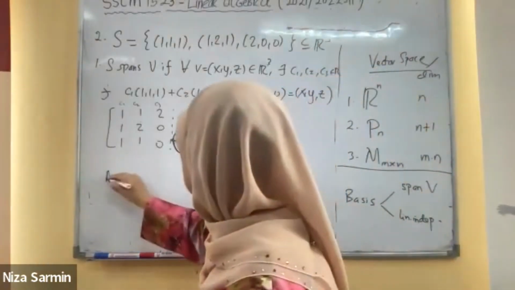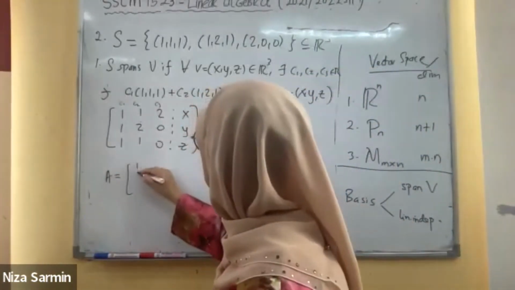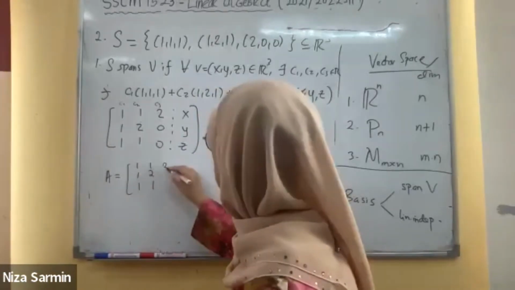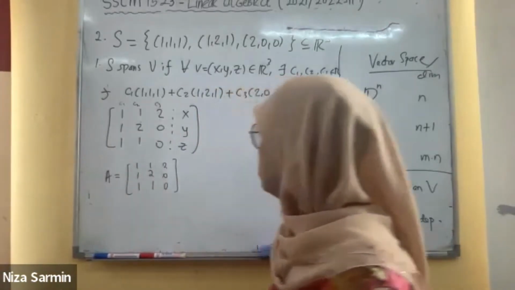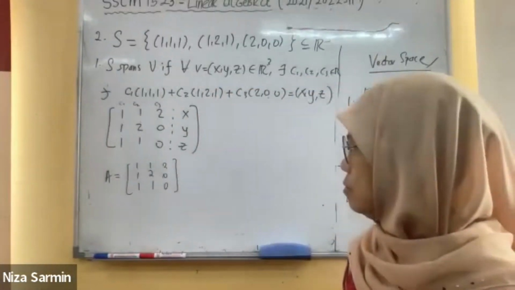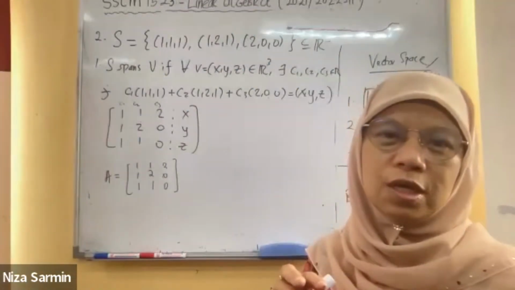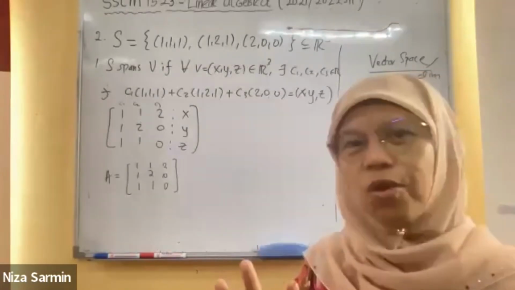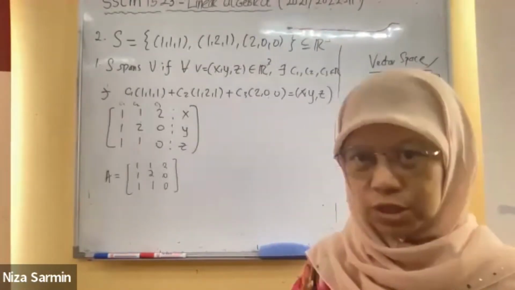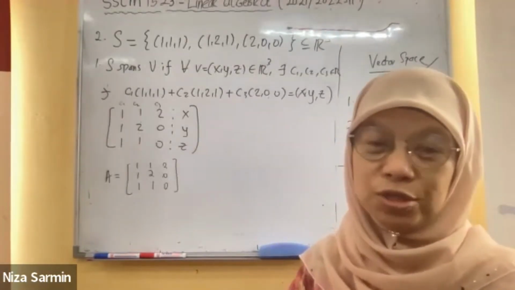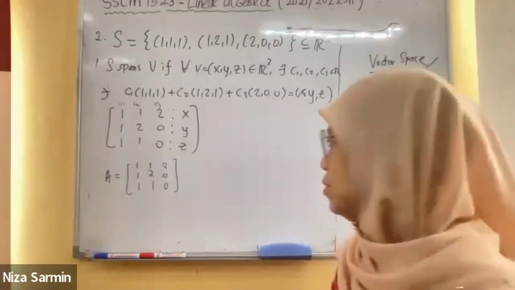A is 1, 1, 1, 1, 2, 1, 2, 0, 0. You can do one of the 4 methods to solve the equation if the determinant is not 0, right? Not 0. Okay?